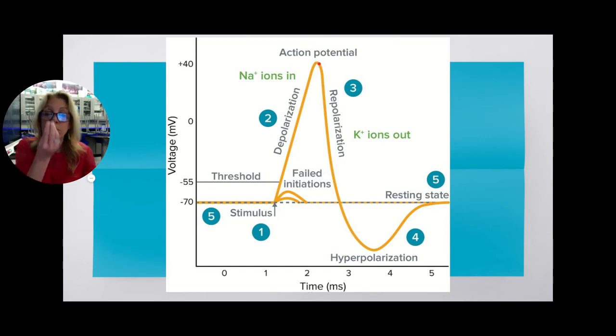Now it is quickly restored, okay, and repolarized by what? The potassium gates, okay, the potassium gates open. So potassium goes from the inside to the outside and when it does that, right, it's taking its positive charge away and going out, then it restores it.